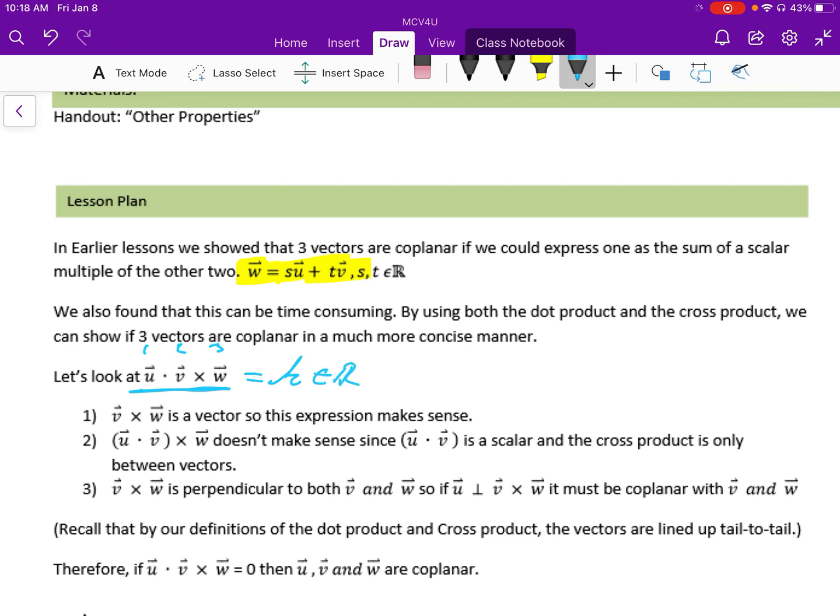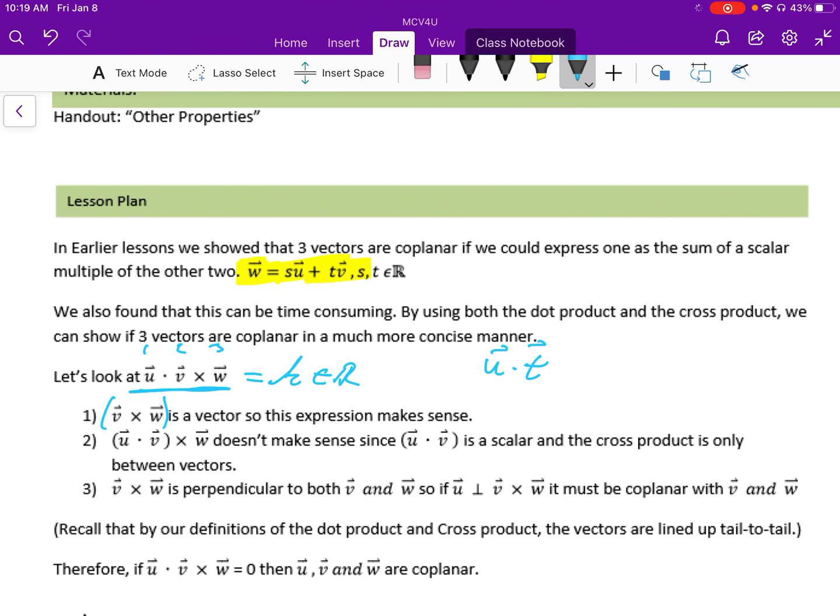Now, here's the idea. First of all, let's take a look at what it means to have the vector here. Number one, we do the cross product first because a vector crossed with a vector is a vector. And then we know that u dot some vector, let's say it's t, is true.